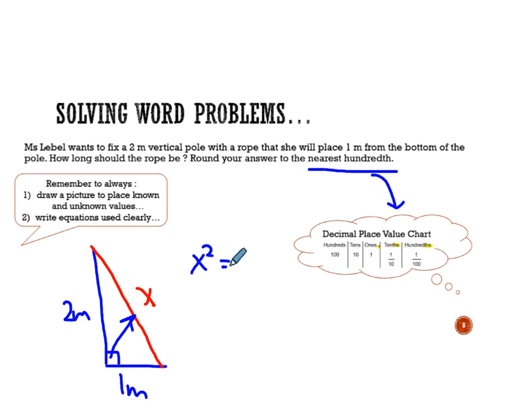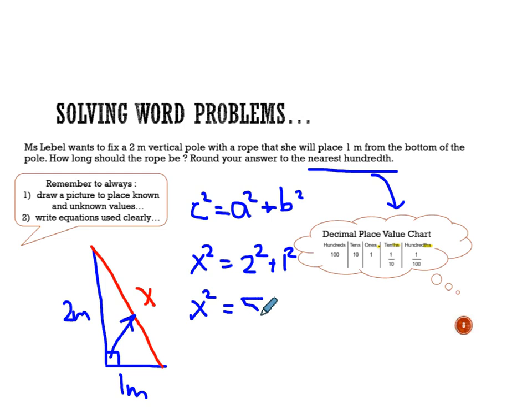Longest side equals 2 squared plus 1 squared. If you want, you can also write your rule to help you. Sorry, I should have started with that. a squared plus b squared. And so what you have to do then, you calculate 2 squared is 4 plus 1 squared is 1, so that equals 5.